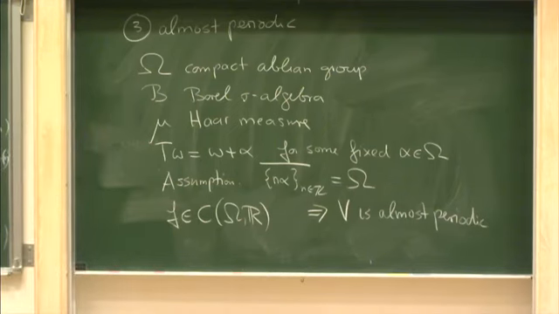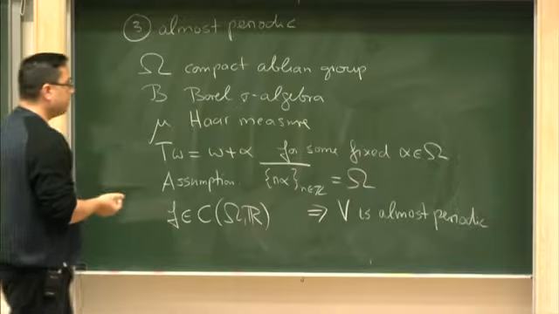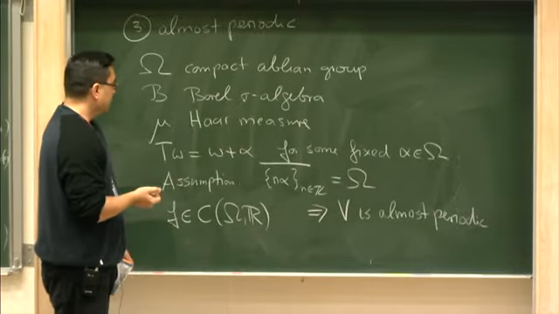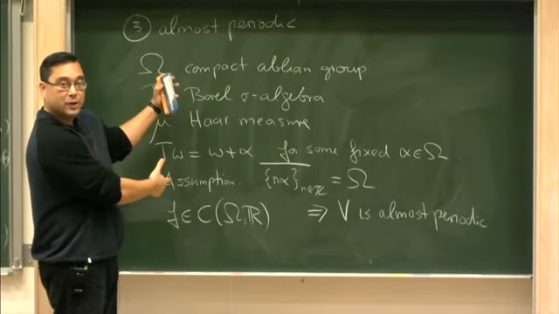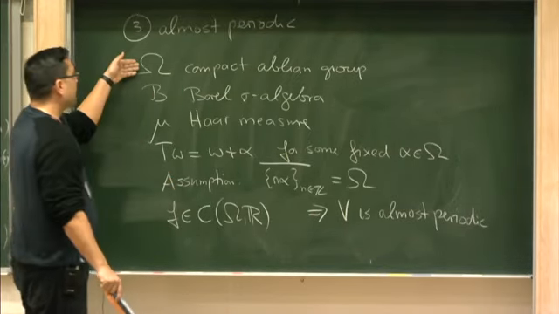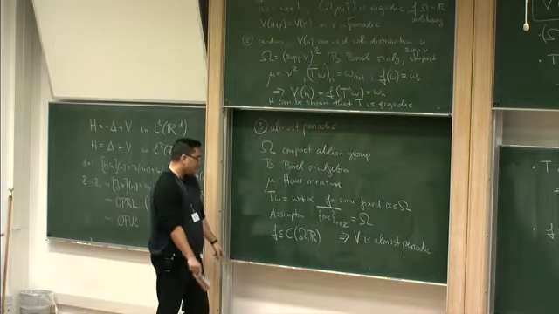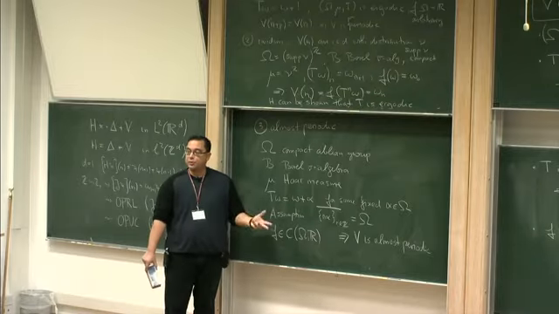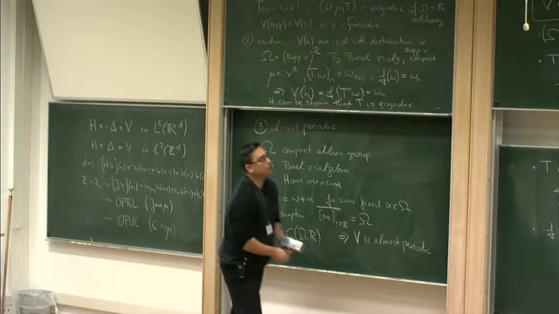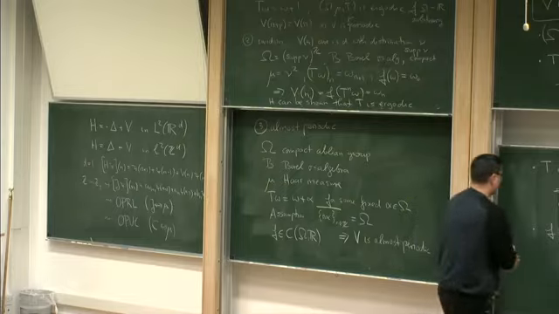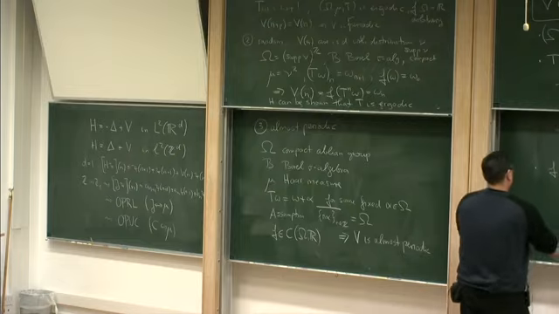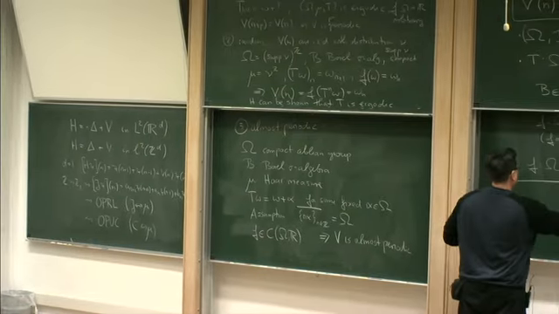And conversely, as in the periodic case, every almost periodic potential arises in this way. So you can choose a compact abelian group and an alpha and an f, so that you get the given almost periodic guy. And that's slightly less obvious than in the periodic case.